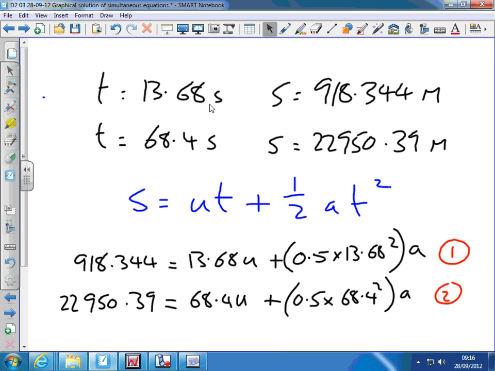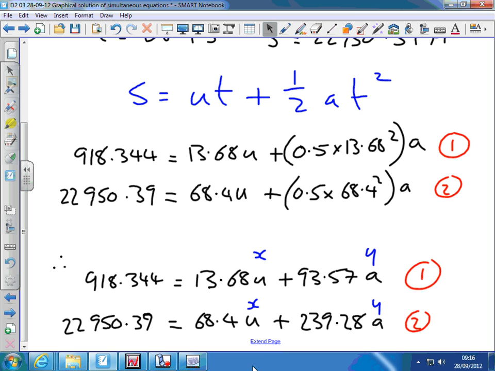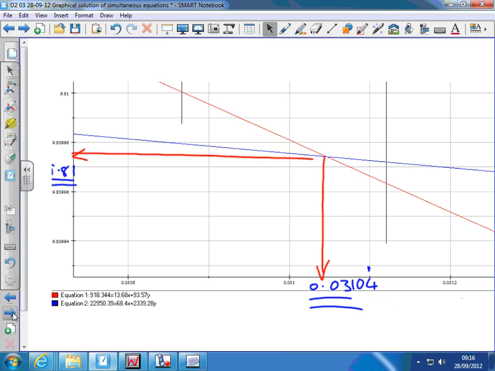We need 2 sets of information. There they are. So we rewrite the function with those values in, simplify it as much as we can, so we can plot it onto Autograph. Then we assign x and y arbitrarily to our constants, u and a, plot it on Autograph, and then we can zoom in and find the values for u and a.